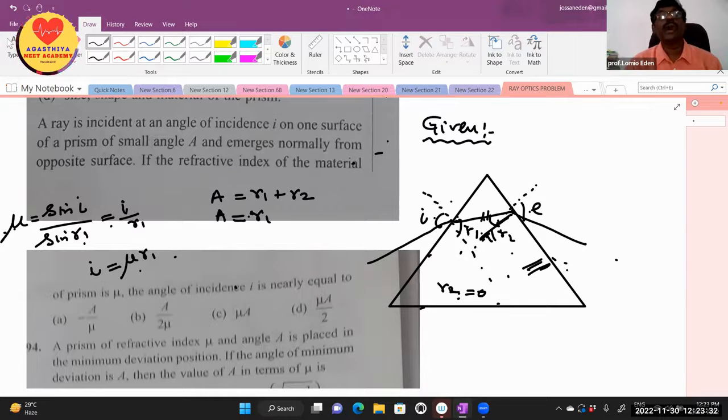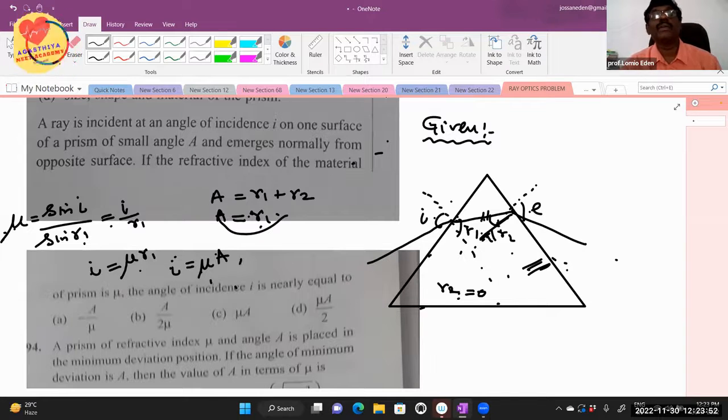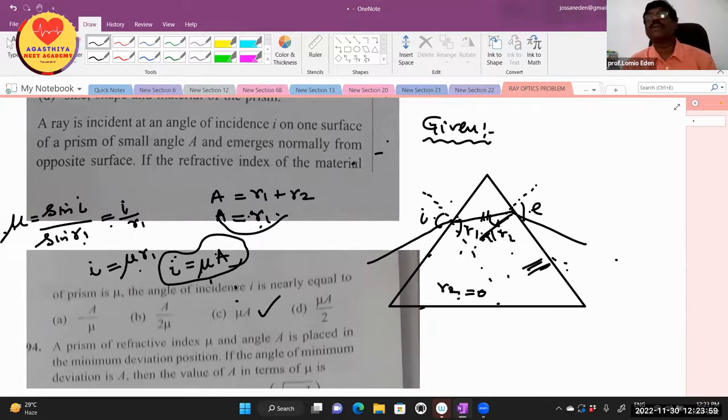See the answer. All the answers are in terms of A. So, let us express I in terms of A, as A is already found out as R1. Therefore, mu A. Answer is this one.